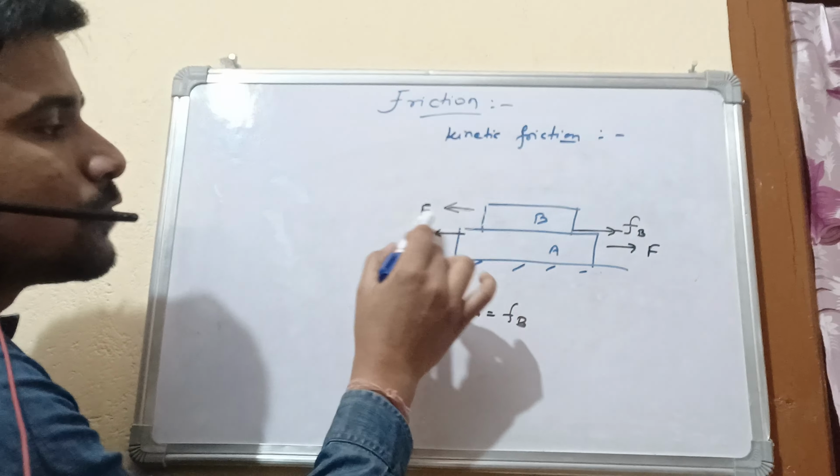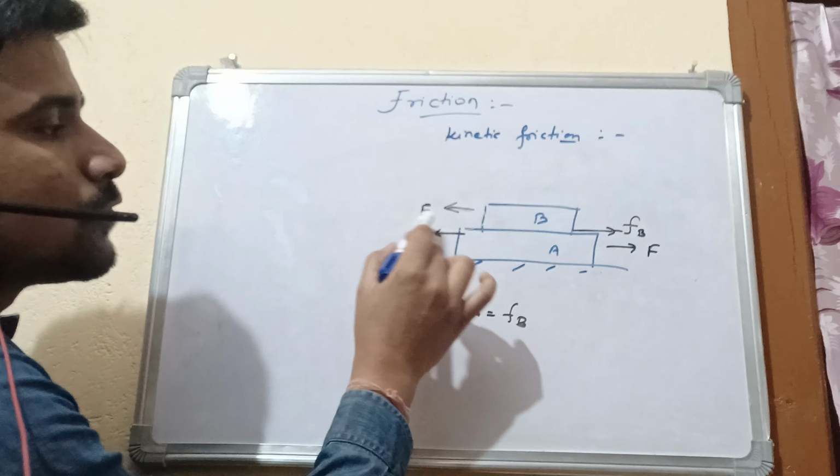Now, on what factors does the friction depend, right? The friction between these two blocks will depend on the roughness of that area. How rough is the surface between these two? It won't depend on how fast you're picking up the block, right? It won't depend on the speed. It won't depend on the relative speed of A and B, right? So friction will not depend on the relative speed.